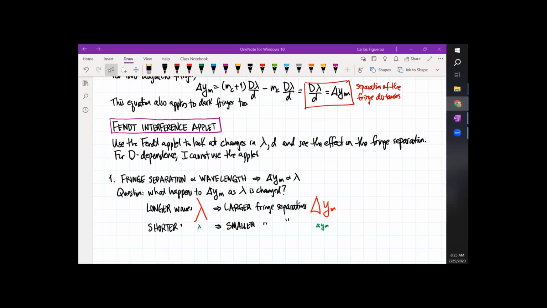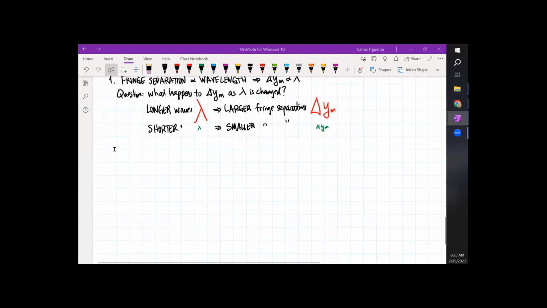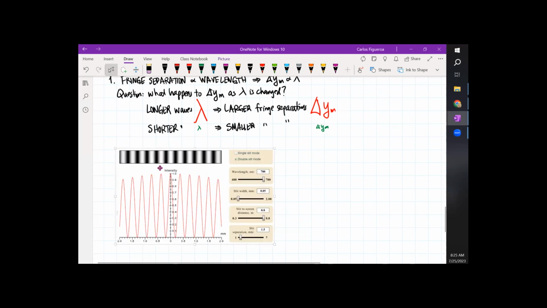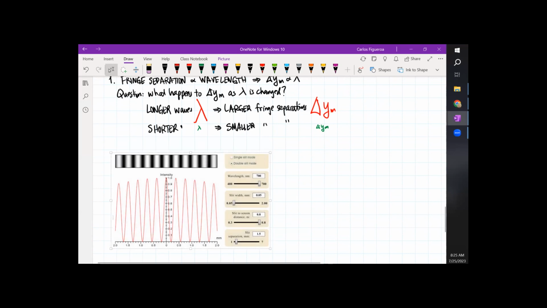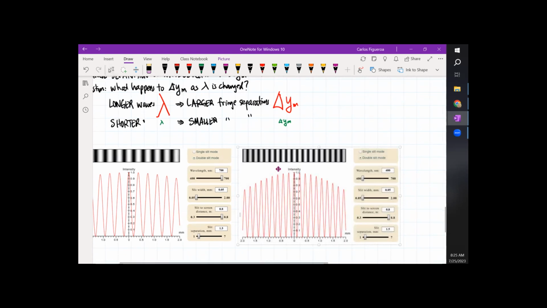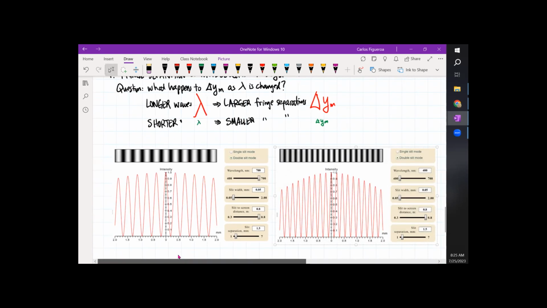Now, if I go back to my applet, remember I said I'm going to use a different applet, images that is, and it's going to look something like this. Here's the next image. Why did I pick this applet?